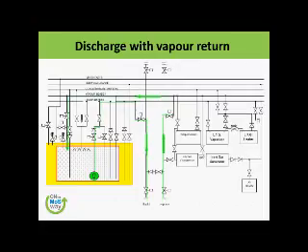So this is another diagram where we are discharging the liquid to the shore, and from the shore vapor tank we get the vapor into our tank. This operation is fairly simple, and it is the ideal condition where you connect your vapor line and your liquid line. Technically it is just an exchange of vapor.